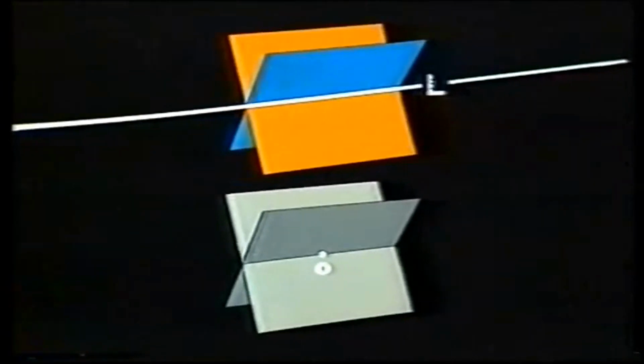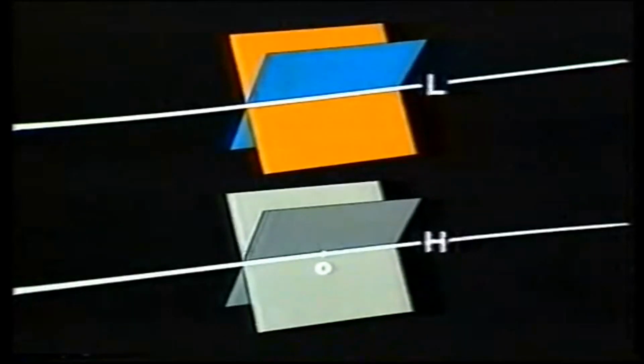Now, the homogeneous pair of equations both pass through the origin. This means, of course, that their solution set is the line H, also through the origin.